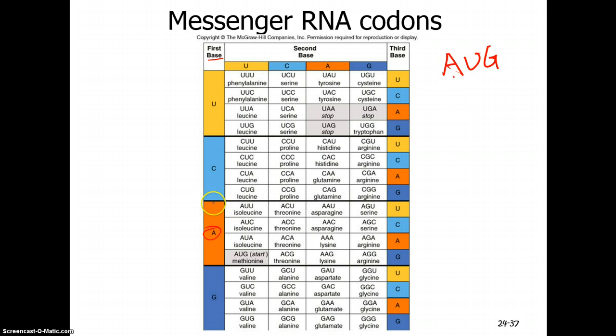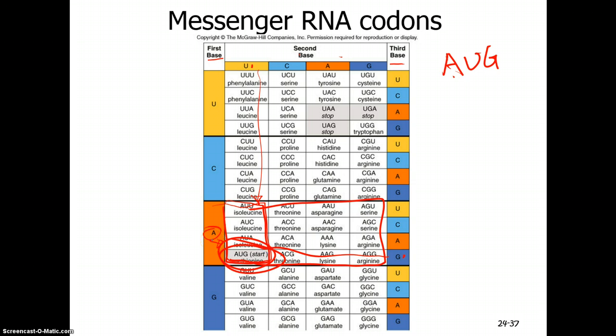Second letter, so I know I've got to be somewhere in this row. Second letter is U, so I know I've got to be here, because it's like finding coordinates on a map. And then my third base is G, so I find here, follow the row over, AUG is my start codon.